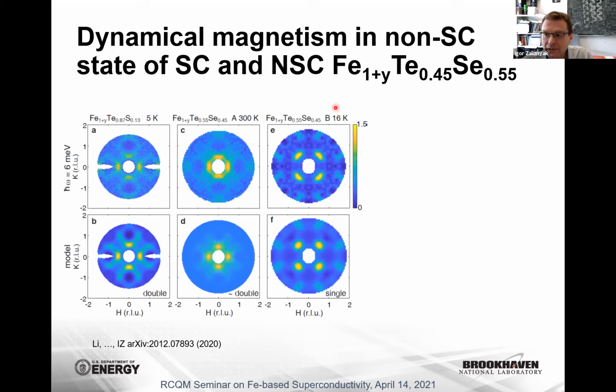So what this tells us is that we observe a change between the two samples, non-superconducting A and superconducting B, which is characteristic of a parent non-superconducting state. So something happens to the parent electronic state that dramatically changes the local magnetic correlations with a slight change in the amount of iron.